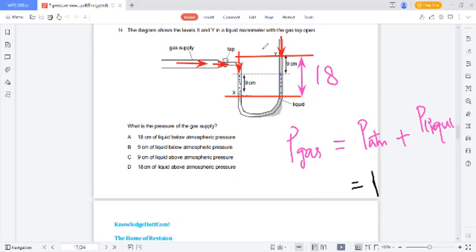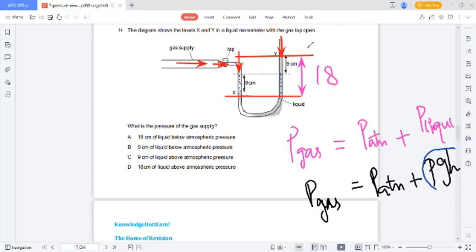So atmospheric pressure is equal to, and liquid pressure is rho gh, and this is gas pressure. Suppose atmospheric pressure, rho gh is like, let's assume that 9 plus 9 is, in terms of height, it is 18 plus some atmospheric pressure.